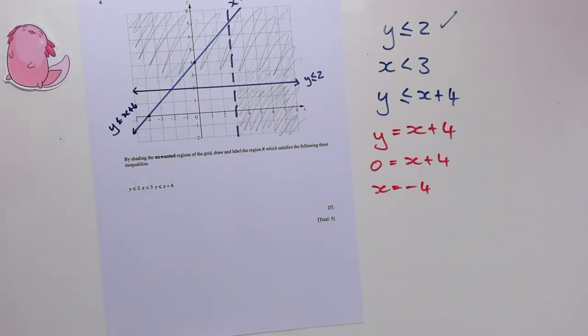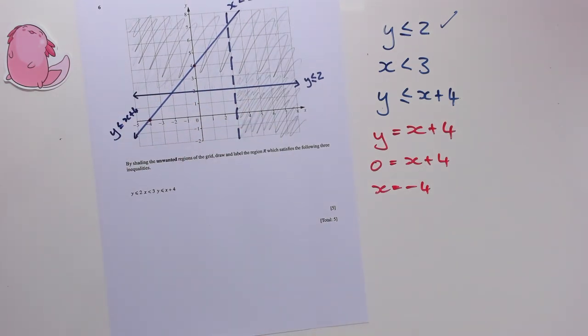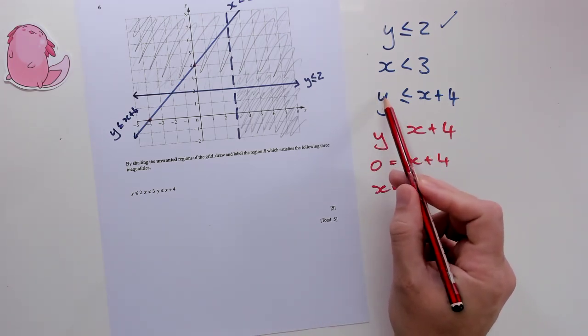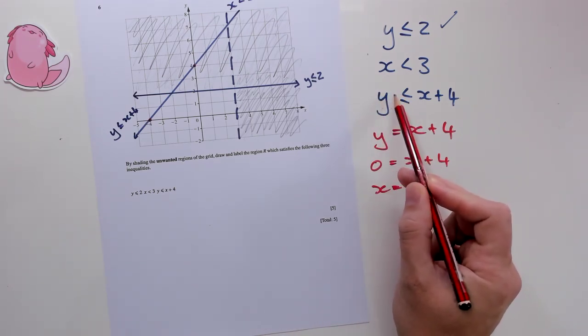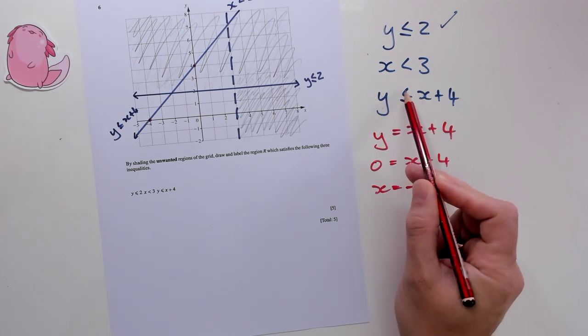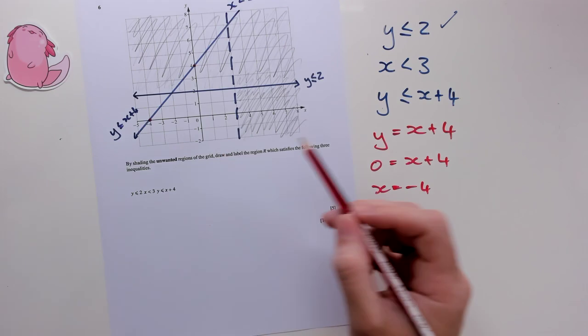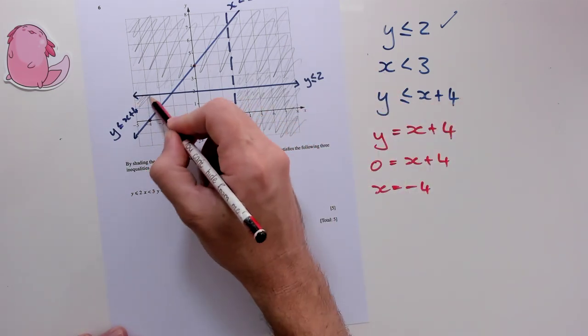And now the question is, where should I shade? Because this is in the form where Y is positive, this inequality is satisfied everywhere where Y is below the line. So everywhere above the line I'm going to color.